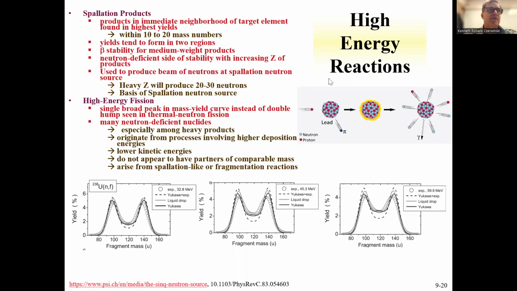You can fragment the nucleus with the liberation of lots of neutrons, because each one of those neutrons is basically taking away 10 MeV. So if you have very high energy protons, hundreds of MeV, you can generate a lot of neutrons.